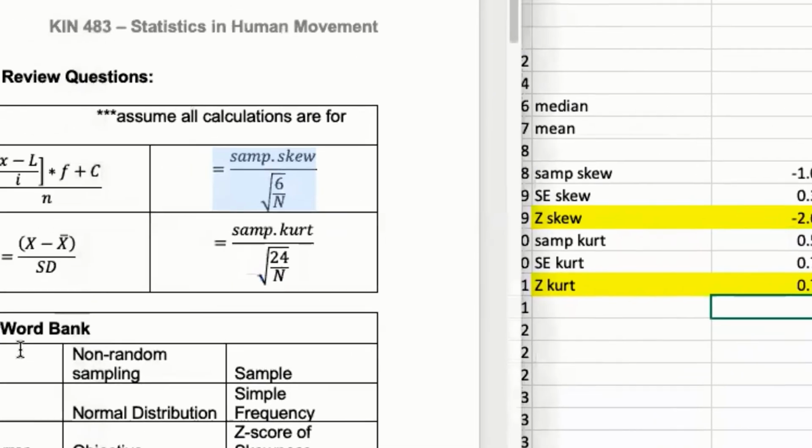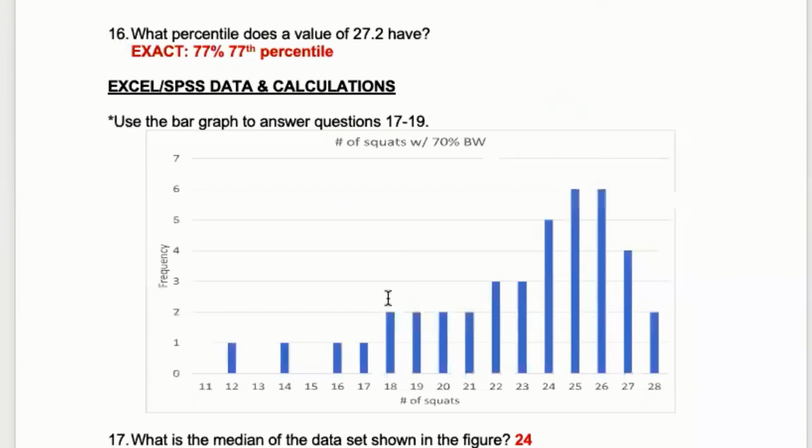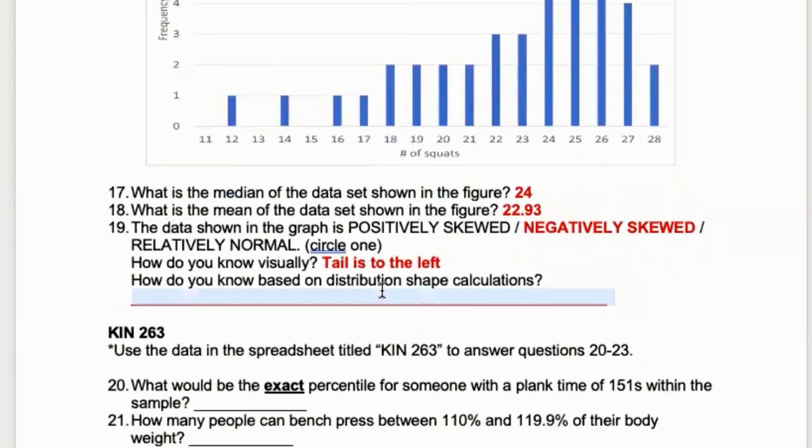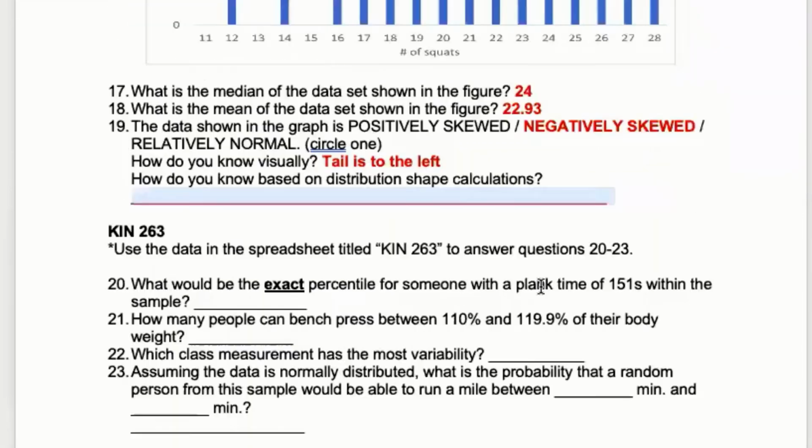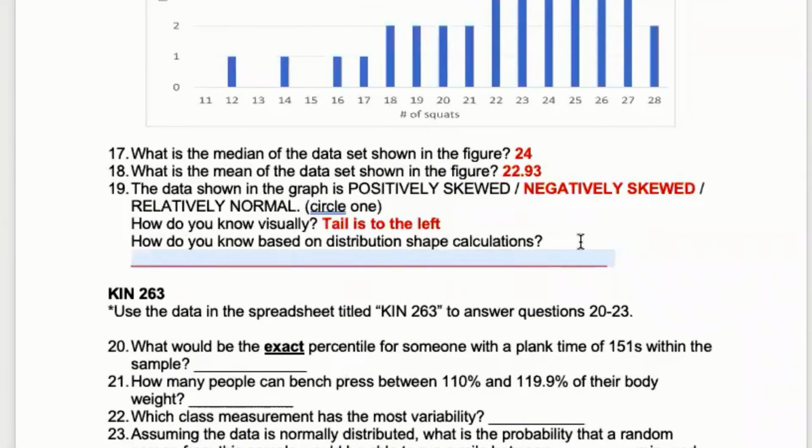So if I go back to this one, there we go. How do you know based on distribution shape calculations? I'm just going to put in parentheses my distribution shape again is negative skewness, no kurtosis.